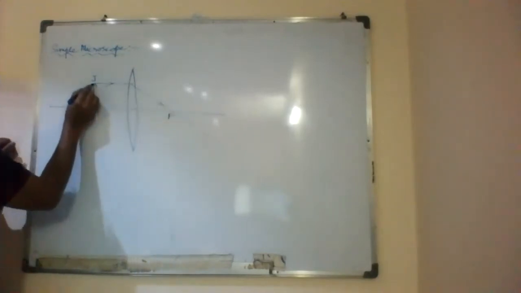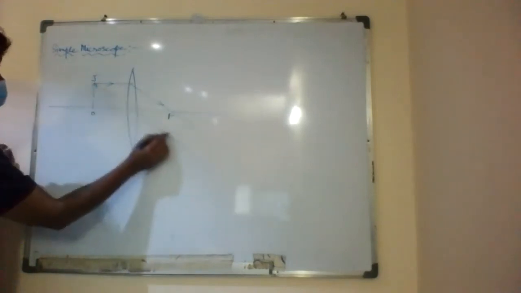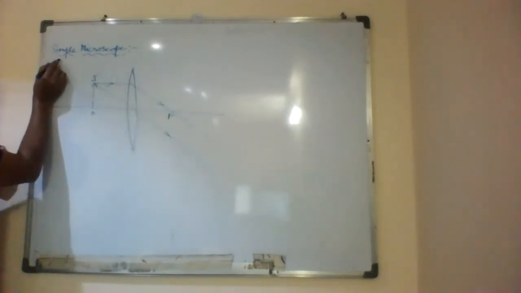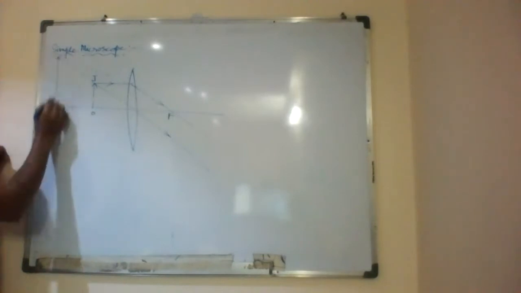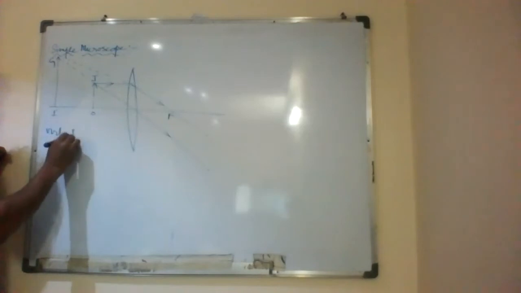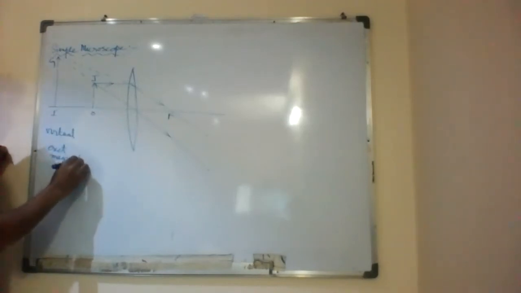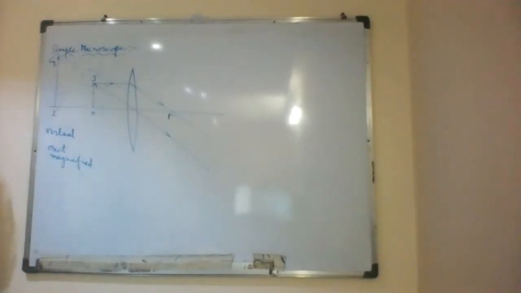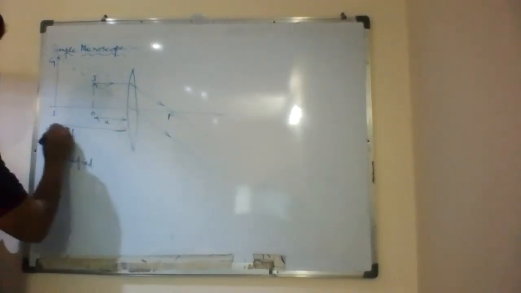The second ray goes straight. When you extend them backwards, the two rays meet somewhere here and the image is formed. This is virtual, erect, and magnified. Here u is the object distance and v is the image distance.